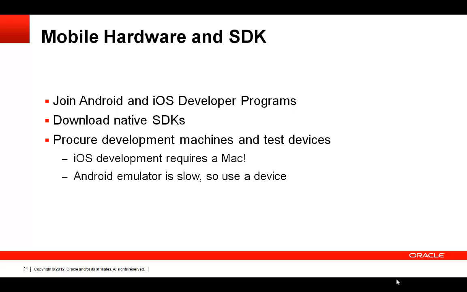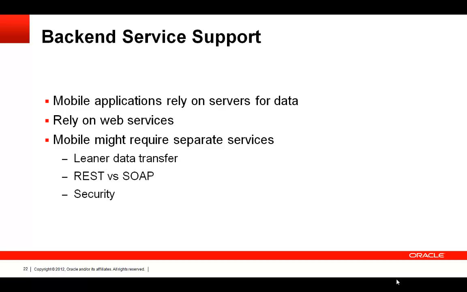Also, for example, the Android emulator today is quite slow, and a lot of people prefer to use an actual Android device to test their application. So take this into account when you're starting your mobile development. You might have some procurement and licensing that you need to look into before you're actually able to completely develop and deploy your application.